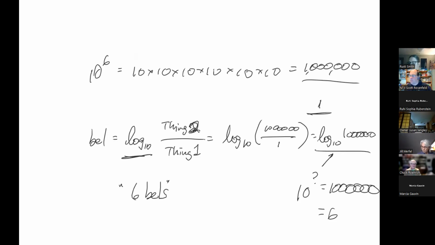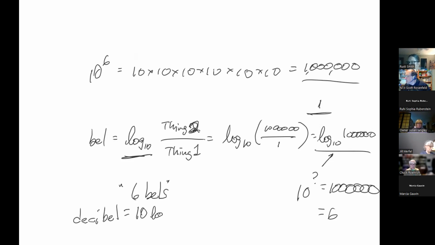Has anyone ever heard of the bell? No. Oh, okay. It turned out that the bell was not a very big unit and it wasn't very popular because you ended up with a lot of decimal points. So what we did is we took that and made it something called a decibel. Hopefully people have heard of that one. We took that bell and multiplied it by 10.